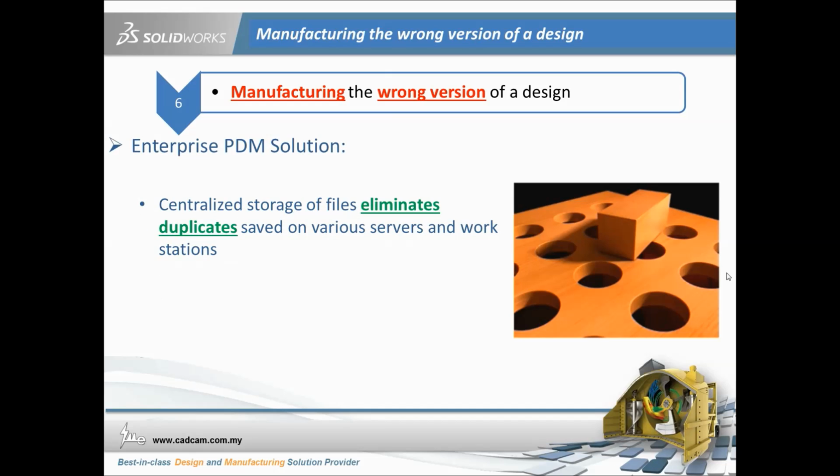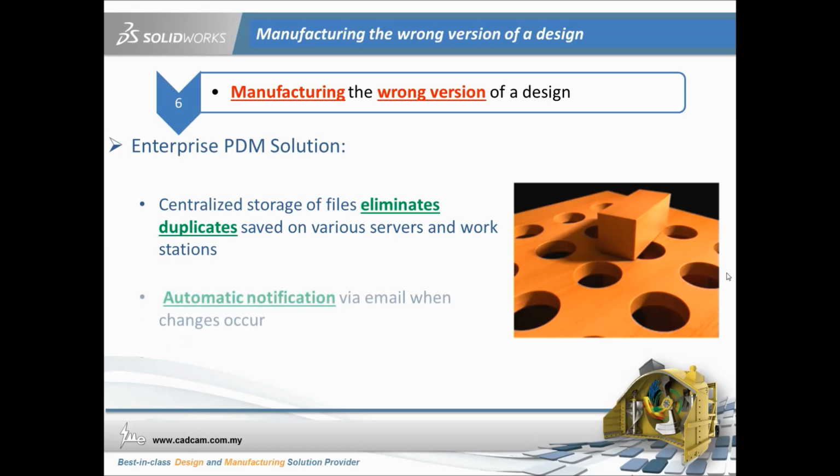Actually, we centralize all the data into a single server. Therefore, all the information updates or versioning updates will be notified automatically based on the file status and also through the information message system in EPDM. It will eliminate all the duplicate files, because it will only save into a single file shown on screen, but you're able to go back to the previous version as we mentioned just now.